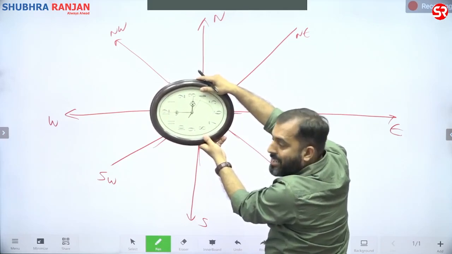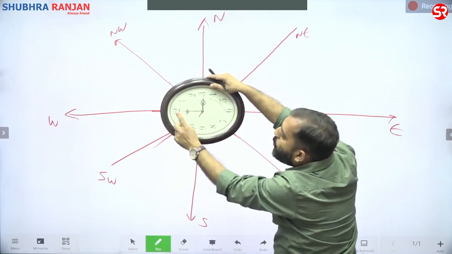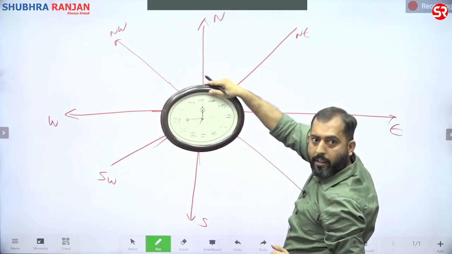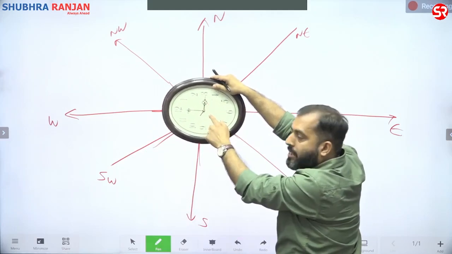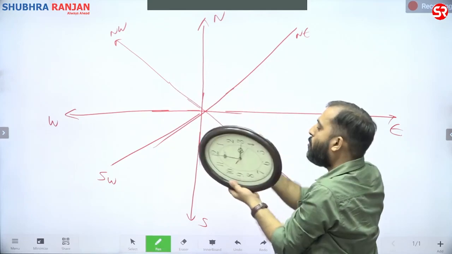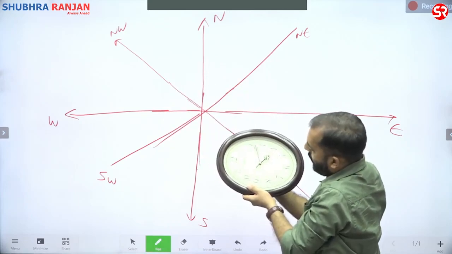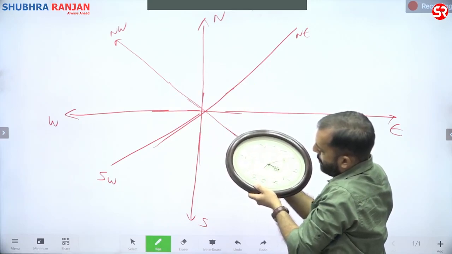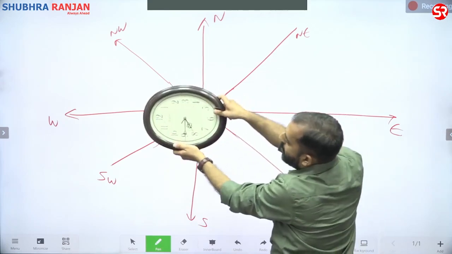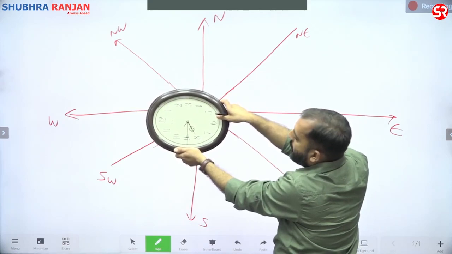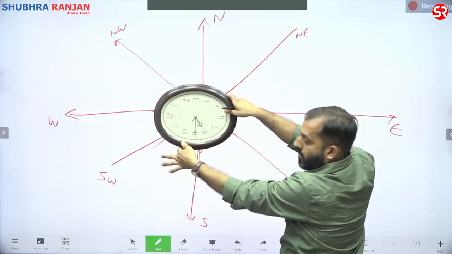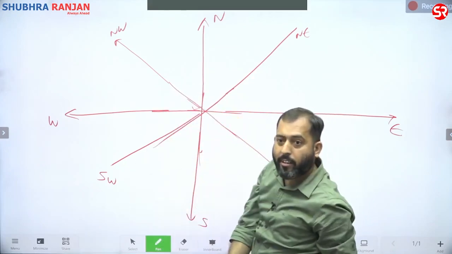So if you do this now, then the digit 12 of the clock will be in the west direction. Right? Now in this scenario, we have to draw the situation of 8:45. So if you do that, 8:45. Now, this is 8:45. Tell me in which direction this minute hand is pointing? South? Getting it?